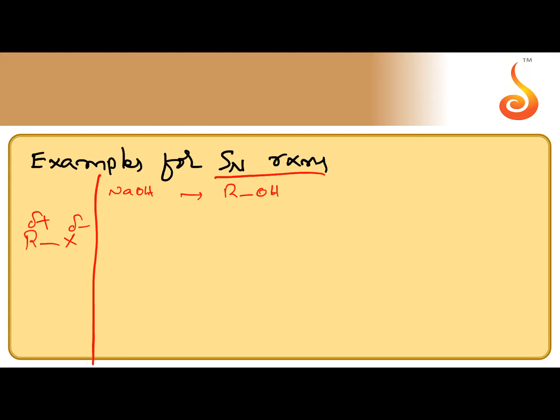If it is reacted with moist Ag2O, again the product obtained is alcohol. Next, if it is reacted with potassium cyanide, alkyl cyanide is the product. If it is AgCN, alkyl isocyanide is the product.